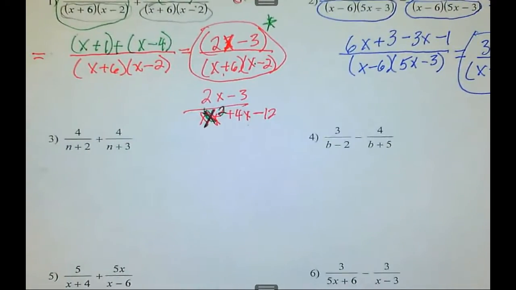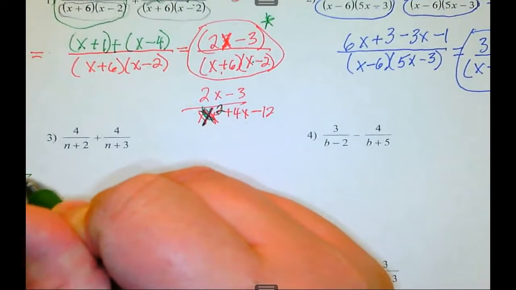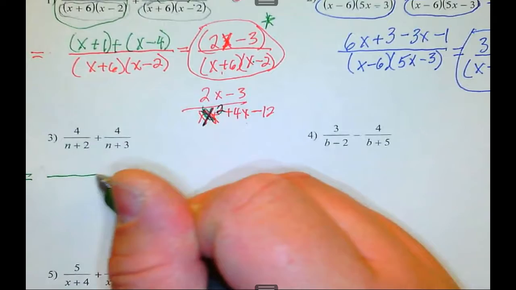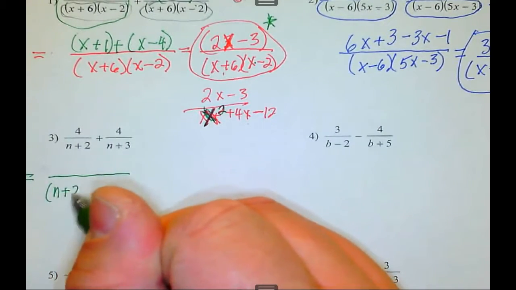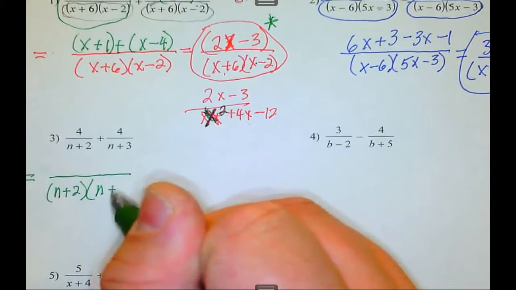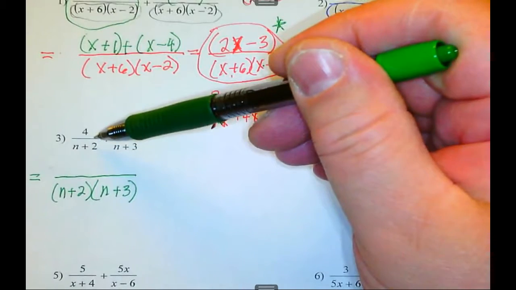Number 3. Now I have different denominators. What's my lowest common denominator? Okay, look at that first fraction.